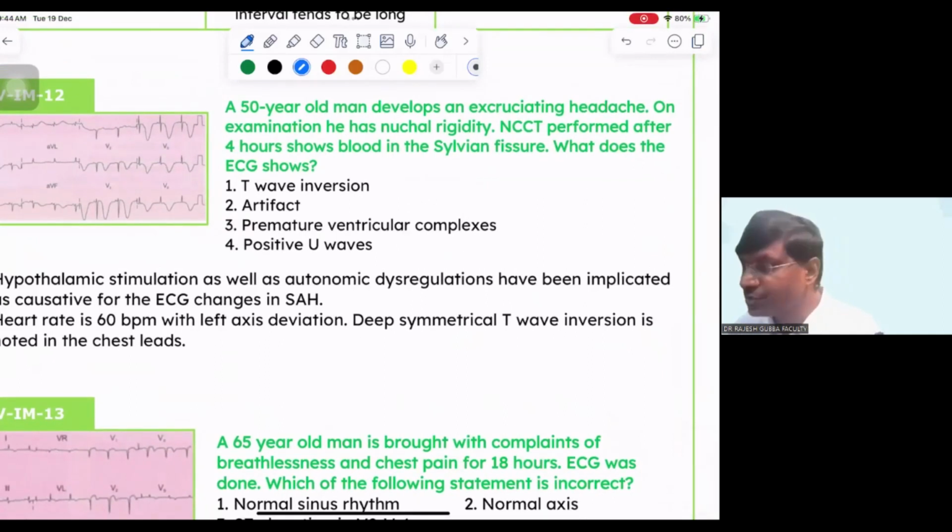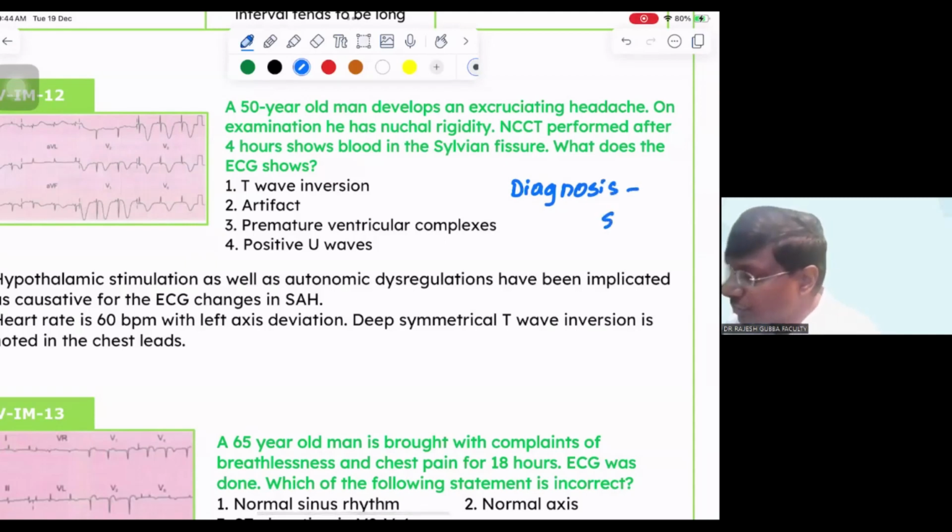A 50-year-old man develops an excruciating headache. Examination: nuchal rigidity. Non-contrast CT performed after 4 hours showed blood in the sylvian fissure. What does the ECG show here? Can anyone tell me the diagnosis of the ECG and patient? Right.